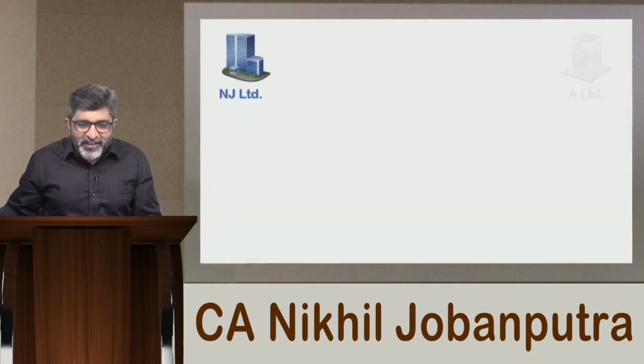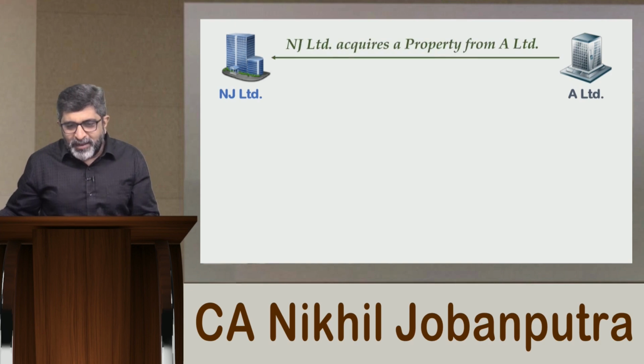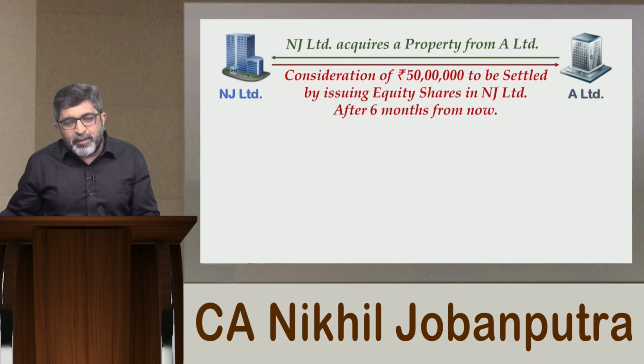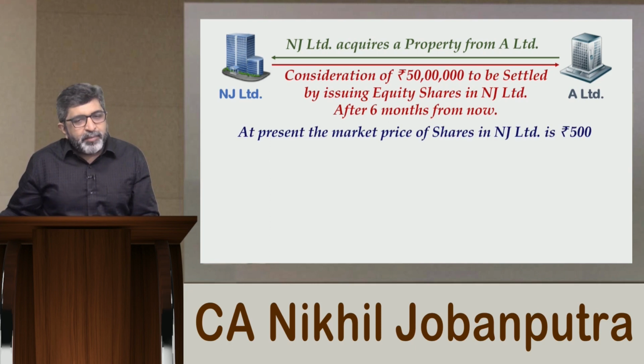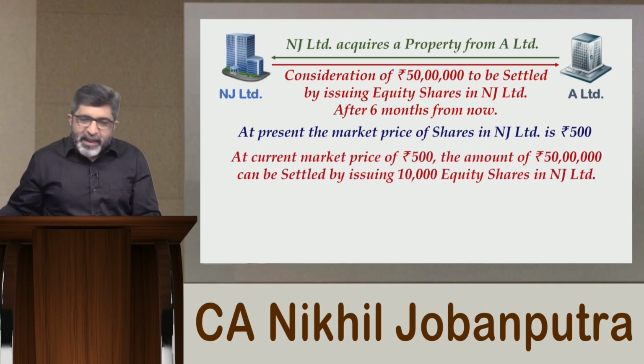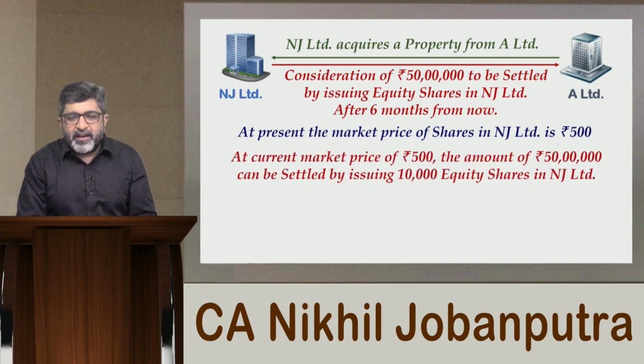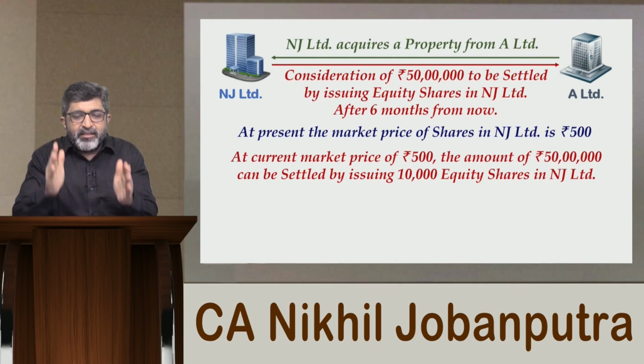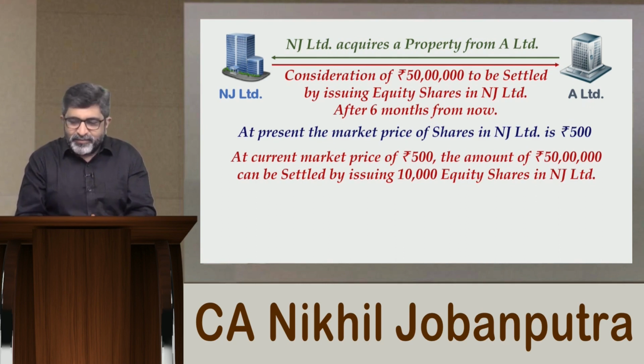Recall this example. NJ Limited purchased a property from A Limited, and A Limited has agreed to accept the settlement of rupees 50 lakhs by issuing equity shares in NJ Limited after 6 months from now. Currently the market price is 500, and based on the current market price of 500, the equivalent number of shares that you should consider for settlement of 50 lakhs will be 10,000 shares.